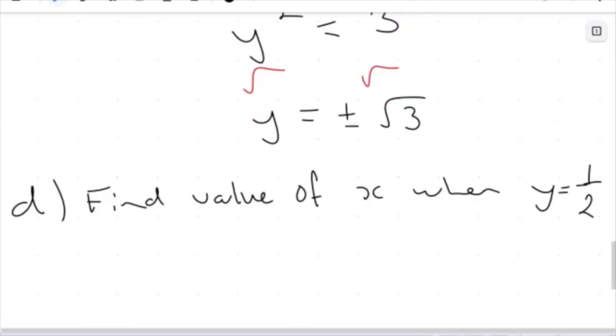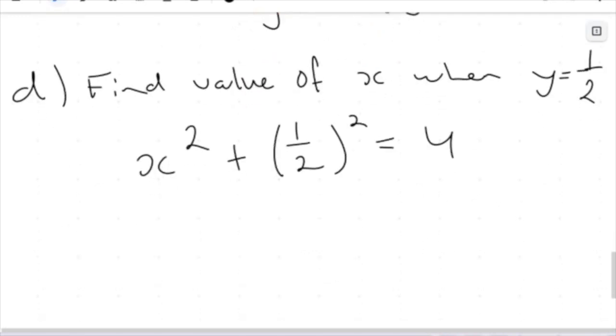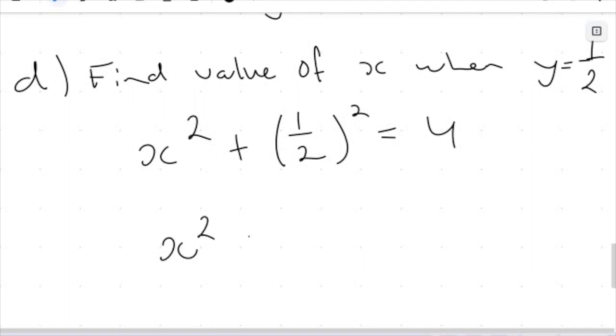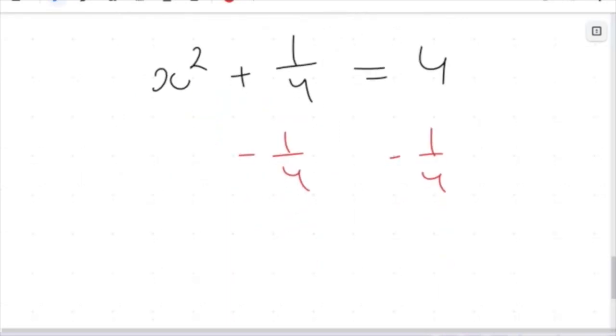Now, same thing, I'm just going to substitute this into my equation. So instead of the y, I'm going to put 1/2 squared equals 4. Now, 1/2 squared gives me 1/4. So I can subtract from both sides, I can take a quarter away from both sides.